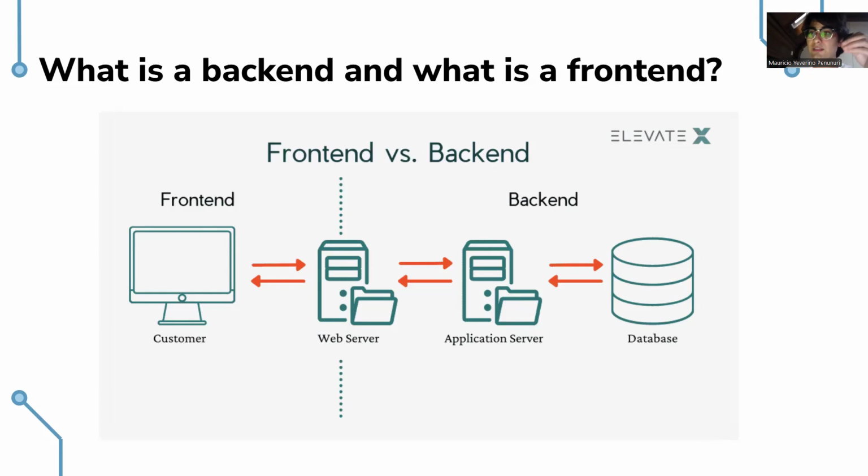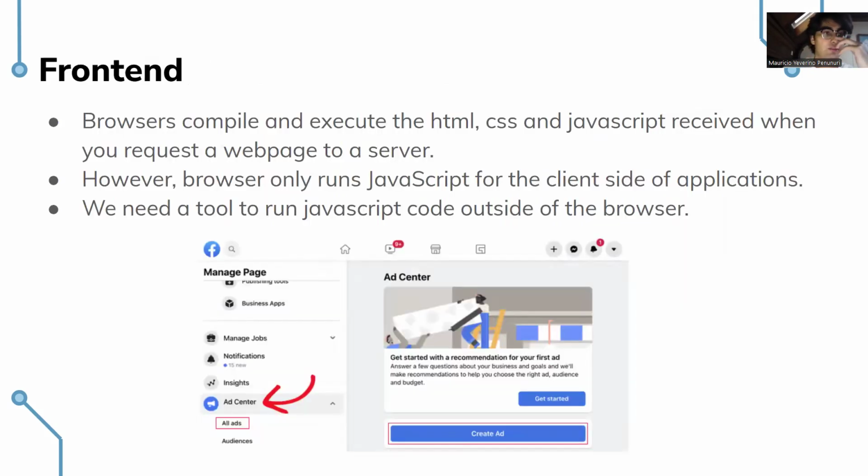And the front end is essentially the code that you receive in your computer and allows you to use Instagram. So again, going into front end, usually your browser, whether it's Safari, Google, or Mozilla Firefox, compiles and executes the HTML, CSS, and JavaScript that you receive, and that's why you have an interactive page.